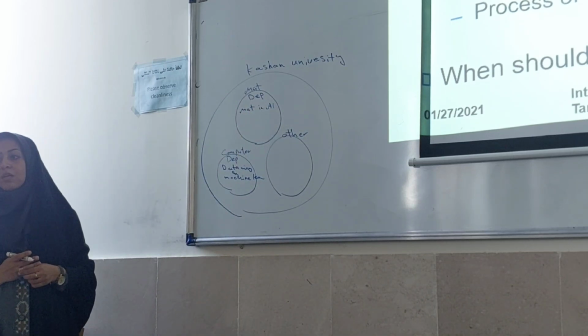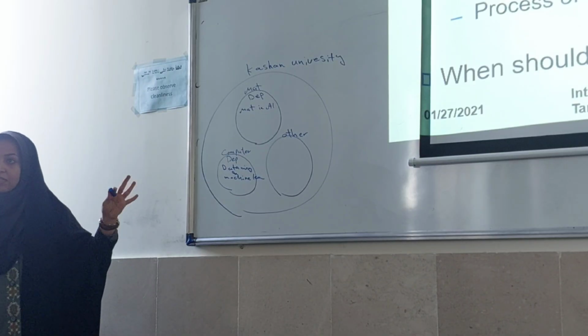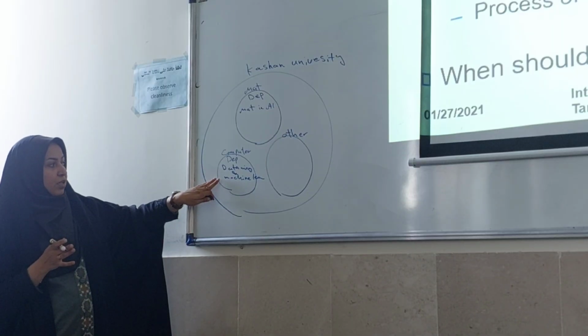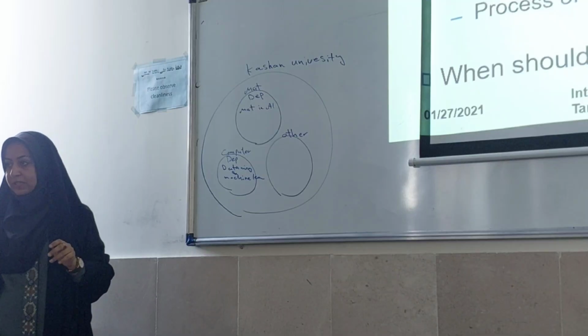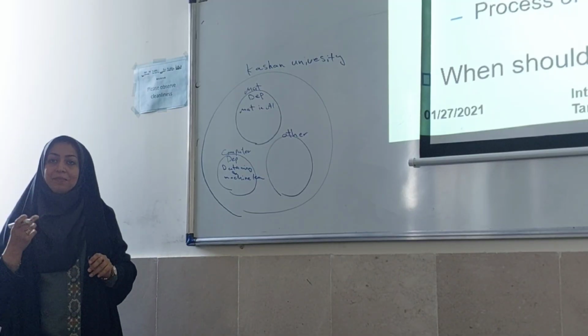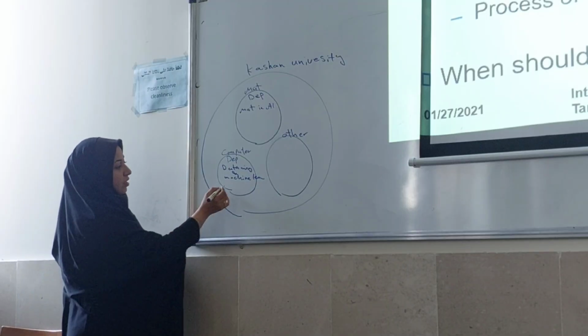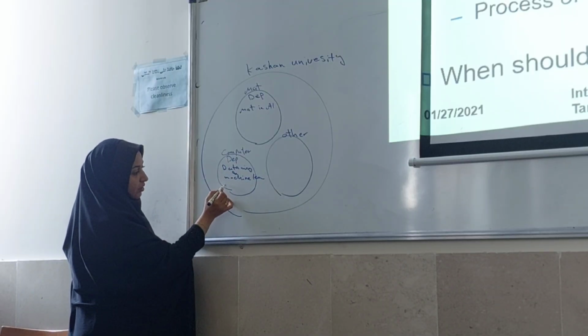Okay? The information of this student. This student is the same. In data mining and machine learning and mathematics, it is the same student. For example, one student named Ali, the information of this student is written in the computer department, okay?